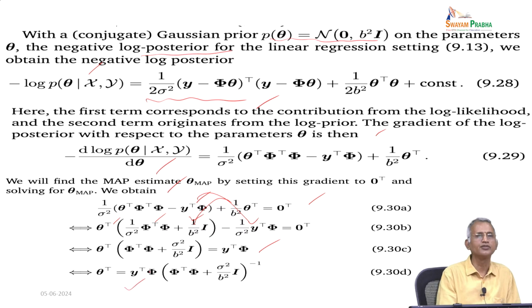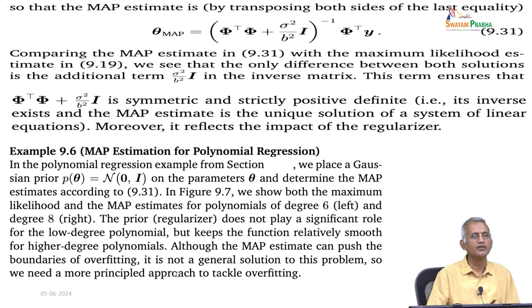Therefore, theta transpose equal to y transpose phi into (phi transpose phi plus sigma square by b square into I) whole inverse, because we have to bring this to this side. So, this is the MAP estimate, and theta MAP is (phi transpose phi plus sigma square by b square into I) whole inverse into phi transpose y.